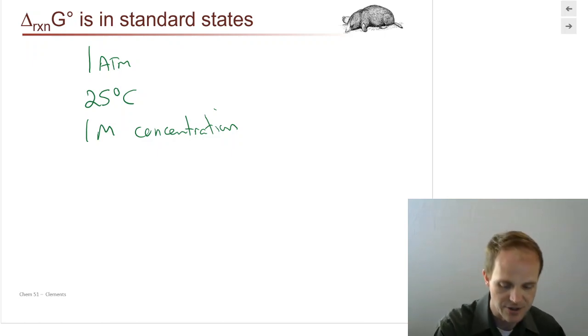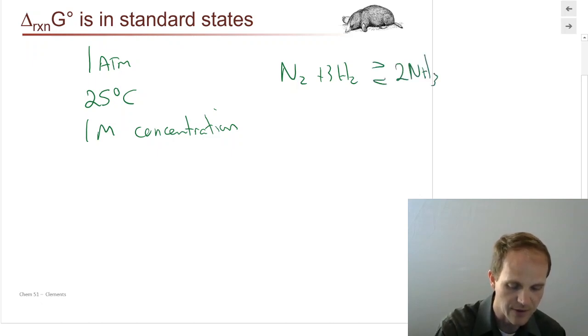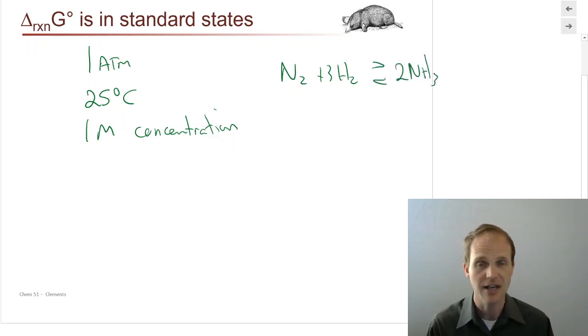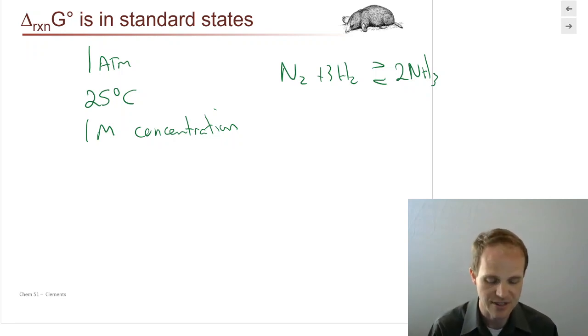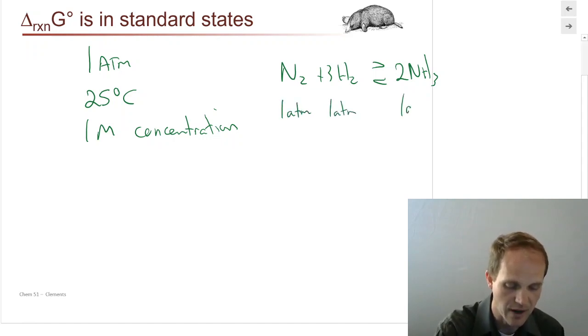So if we had the reaction that we did just a little while ago, N2 plus 3H2 goes to 2NH3, and we found that that had a negative delta G. It only has that negative delta G that we calculated of minus 32 kilojoules per mole when we have 1 atmosphere of this gas, 1 atmosphere of this gas, and 1 atmosphere of this gas.